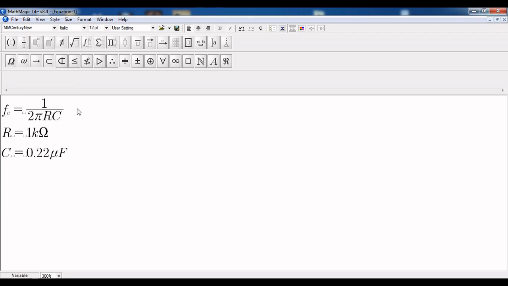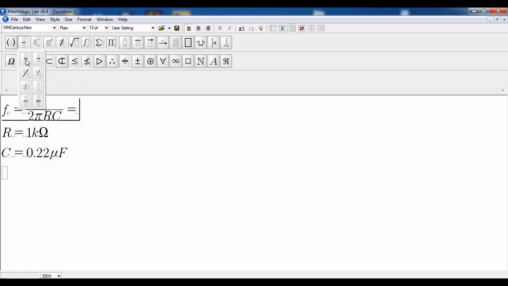Okay. So we just have to substitute both the resistance and capacitance to the formula. So that means we would have something like this.